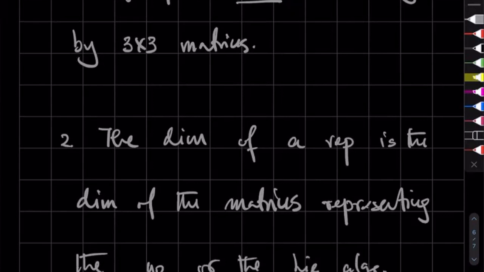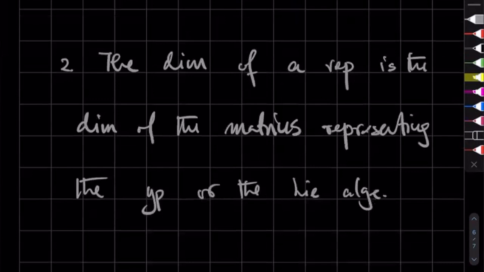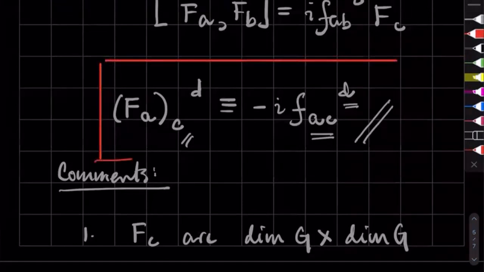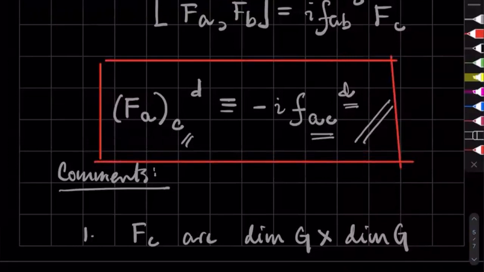Okay, so the dimension of a representation is a different concept from the dimension of the group. So I have told you that this formula is a representation of the Lie algebra. And I've kind of given you an argument why it should be, but I haven't really proved it yet, right? So we can prove this. But before I give you the proof, are there any questions?